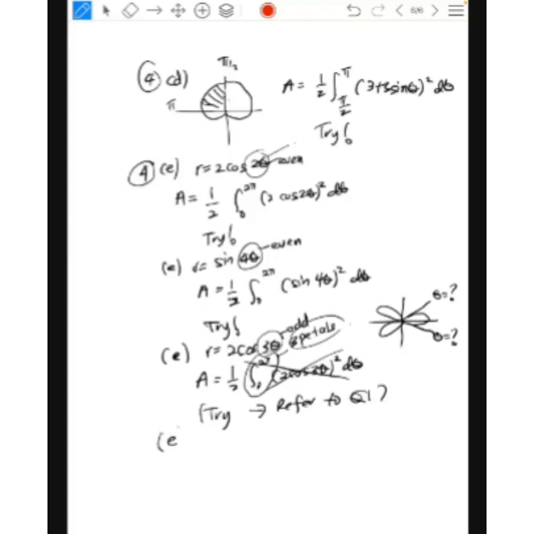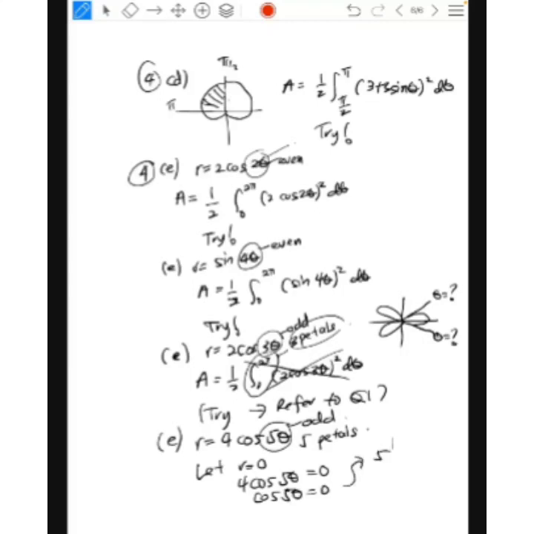Same for r equals to 4 cos 5 theta. And now the 5 theta is also odd. Okay, so it has 5 theta there, 5 petals there. It has 5 petals. So you let r equals to 0 first, and then 4 cos 5 theta will be 0, cos 5 theta will be 0.